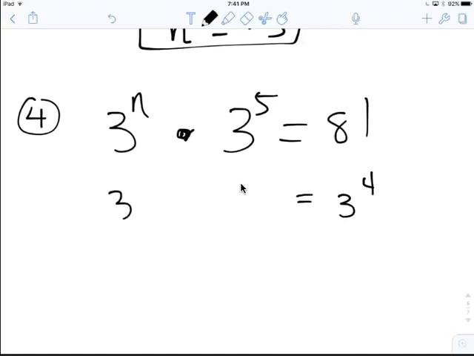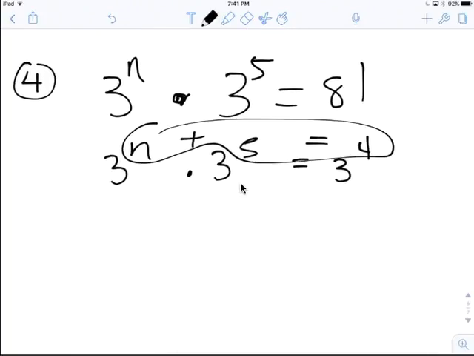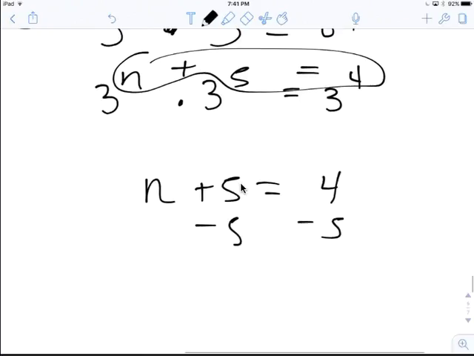Okay, so 3 to the n times 3 to the 5th, if you add these together, equals that, so n plus 5 equals 4, minus 5, minus 5. n equals -1.